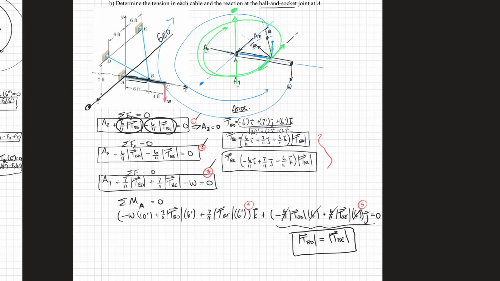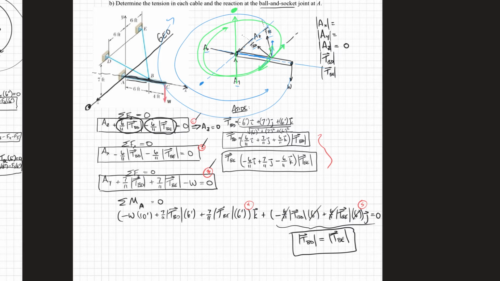Okay, so I guess we can list all the things that we want: TBD and TBE, the magnitudes of these, and AX, AY, and AZ. Maybe we'll just get the magnitudes of those as well. So we got one down.